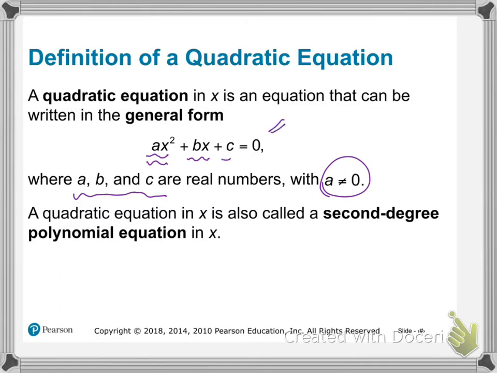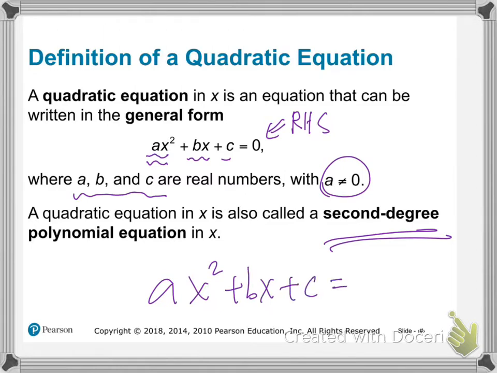The right-hand side of the quadratic equation, we always make it 0. So this is a second degree polynomial equation. ax squared plus bx plus c is 0 is the general form of the quadratic equation.